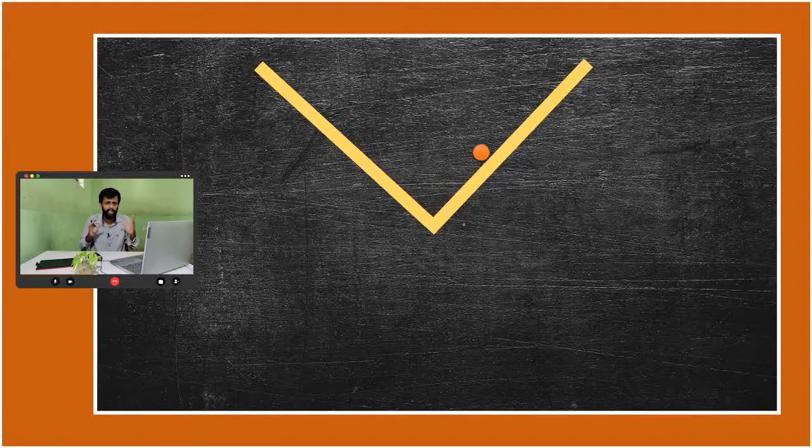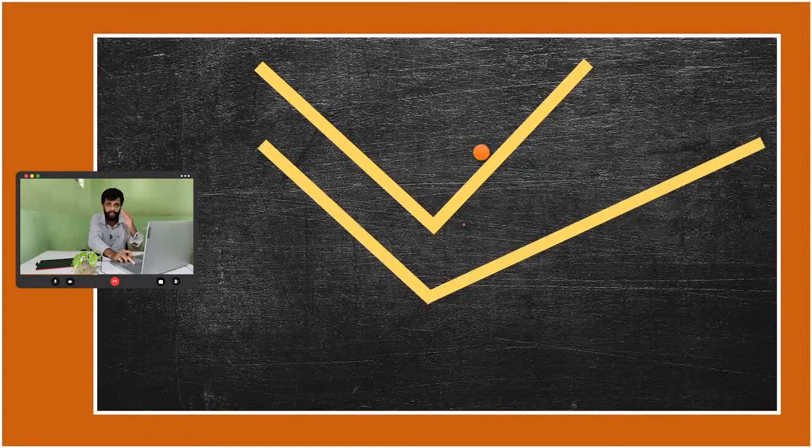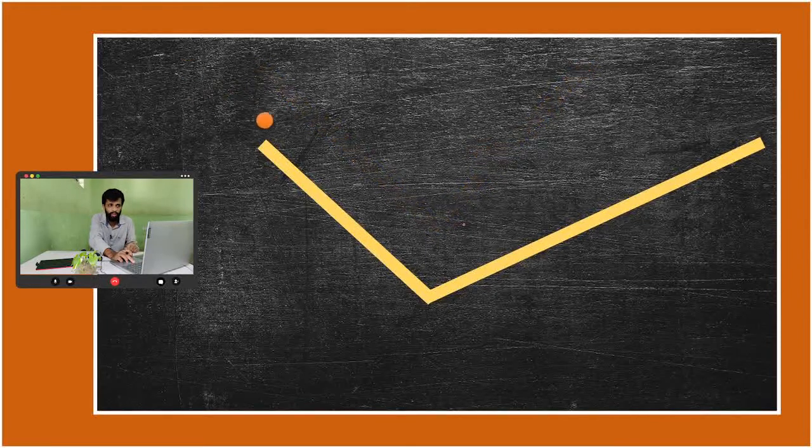He was trying to understand, if we are saying that no force is acting on it, then it should go to the top, but it did not. Maybe because the steepness of that V is too much. So he reduced the steepness of that slope a little bit more, and then he dropped the ball.